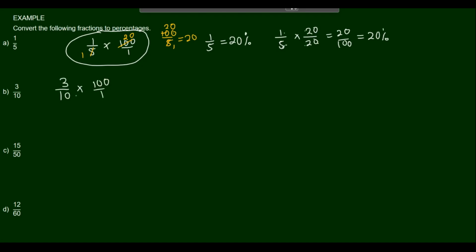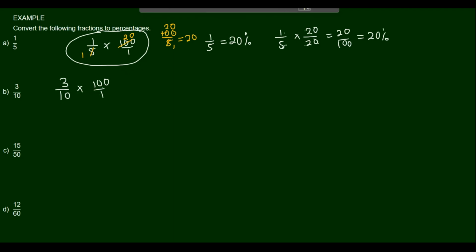The best thing, I know you can say 3 times 100 and get 300, and then 10 times 1 and get 10. This will give you big numbers. So to simplify your numbers, divide before you multiply the numerator to numerator and denominator to denominator. So start by simplifying.